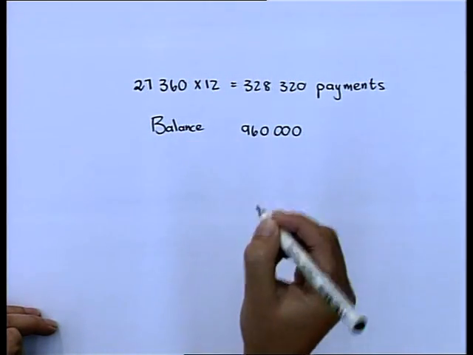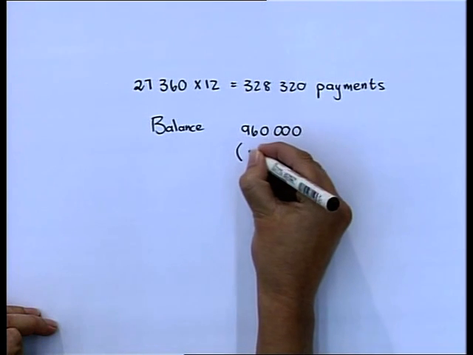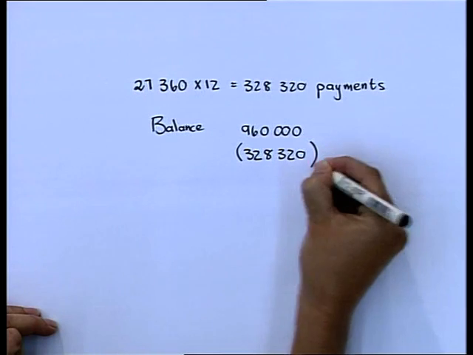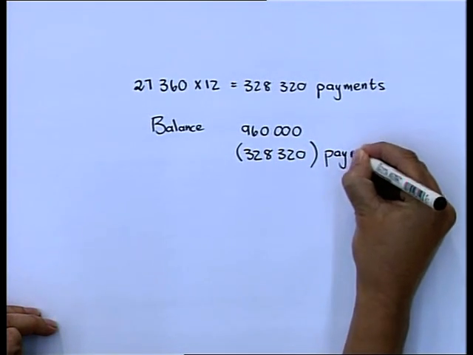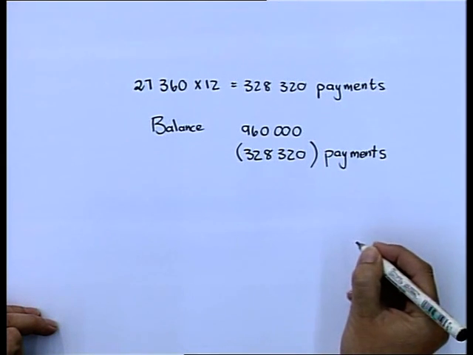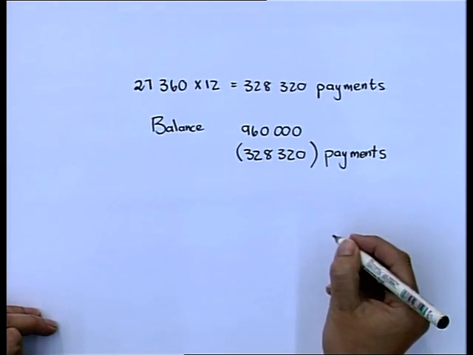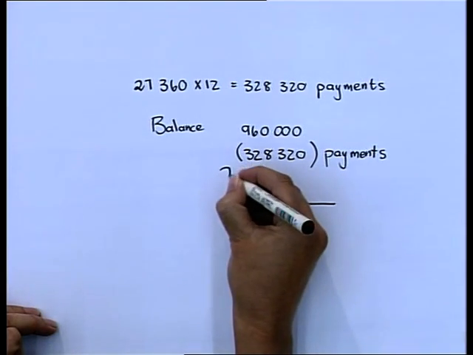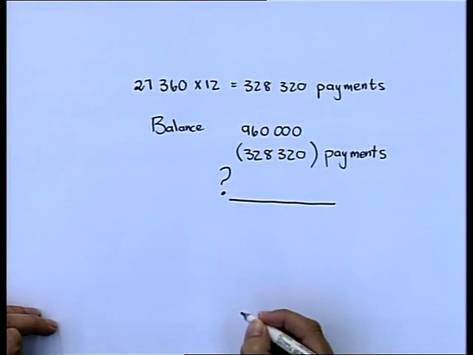Okay. I know that they've made payments of 328,320. Those are the payments. And remember, if this confuses you, write it down and then think about it again later on. And then they also tell me that interest was capitalized, but I don't know what the interest was that was capitalized.